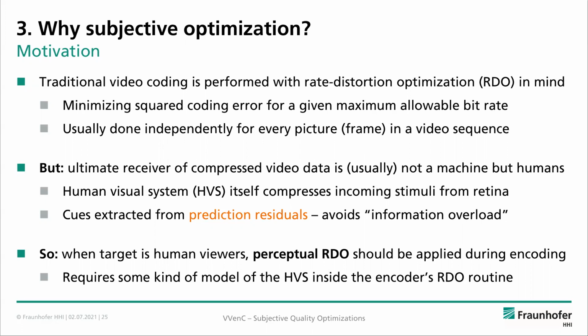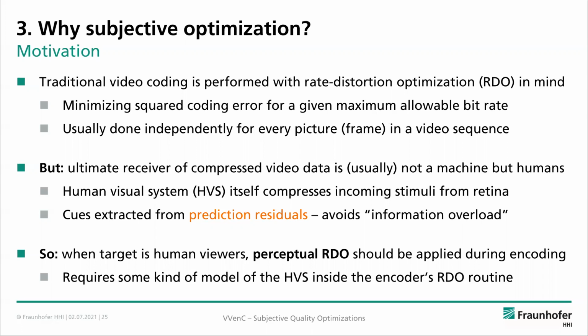So basically what it does is something very similar to how we do video encoding. It predicts the stimuli that reach the retina, and then only considers the difference between this prediction and the actual data coming in. And these cues then are what is forwarded to the higher layers in the visual cortex.